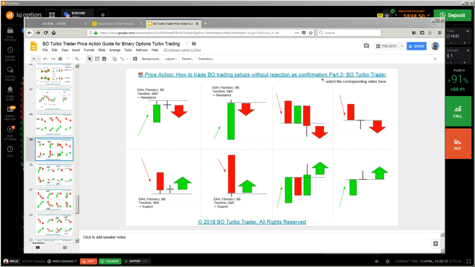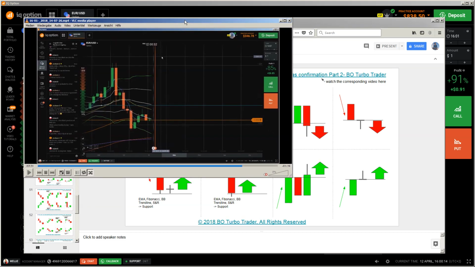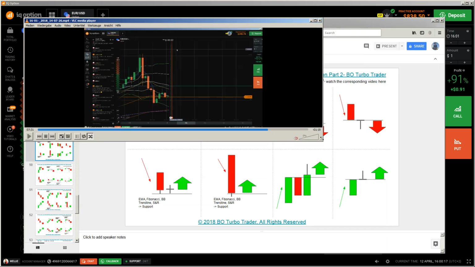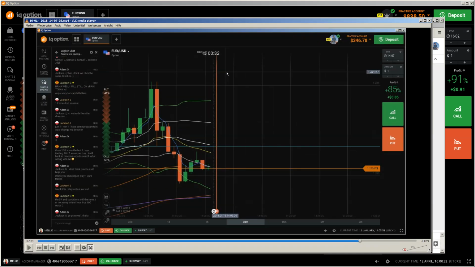You have to understand that this time the EMA is flat, and so this will not reject the price. That is important to understand. So we are talking about this one here. You see this candle is creating some kind of wick below, and the doji with the second wick are creating a support area, and then you can expect that it goes down.